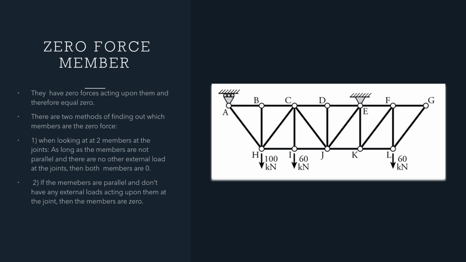As long as the members are not parallel and there's no external load acting on the joint, they're going to be zero. An example would be G to L. The second one is members that are parallel but don't have any loads acting on them at the joints, then the members are zero as well. That would be D and J.